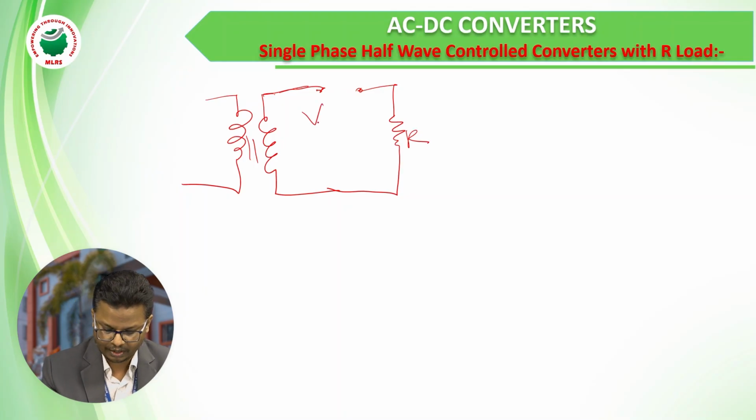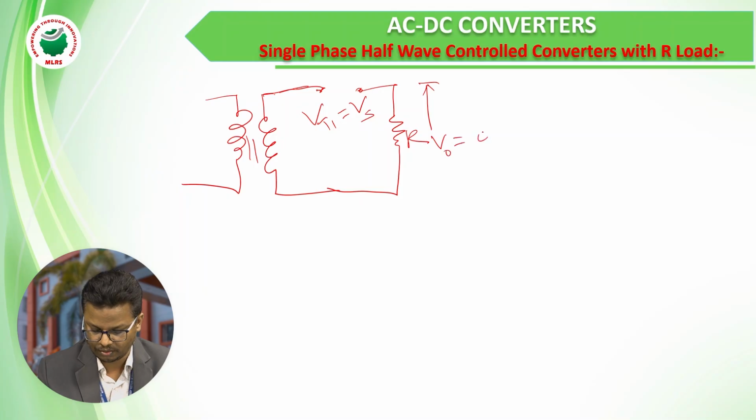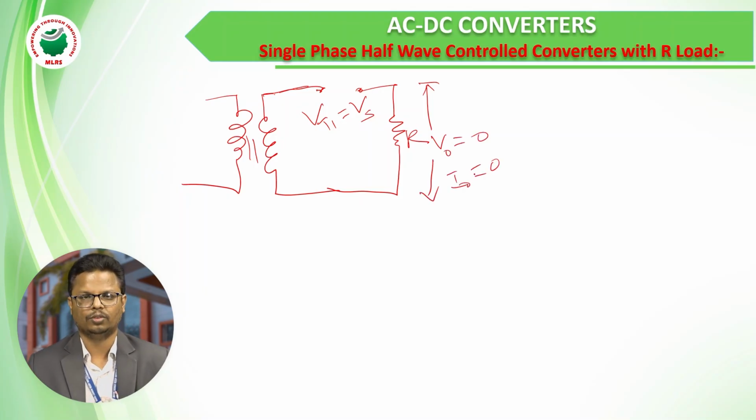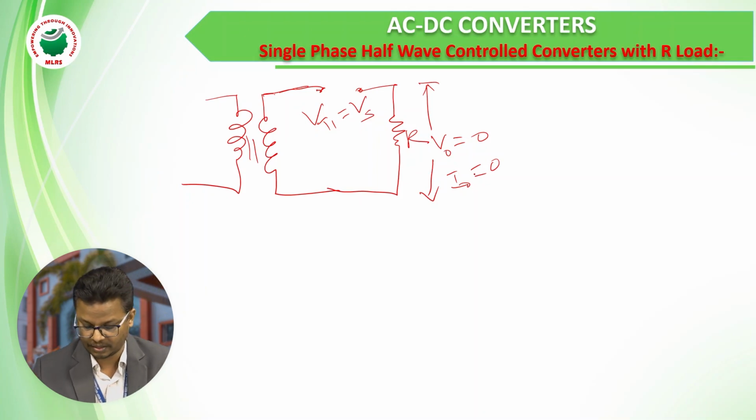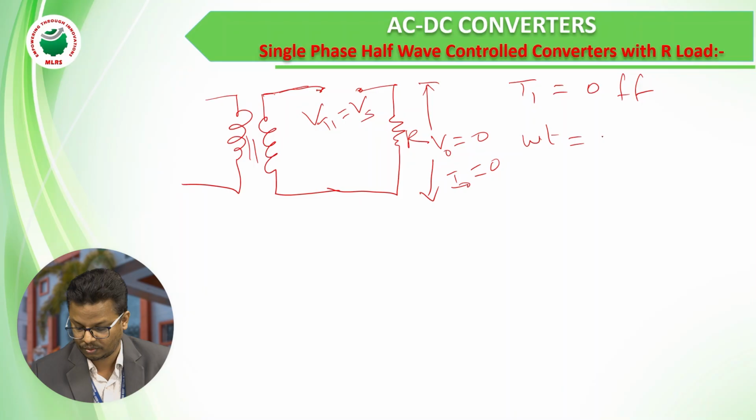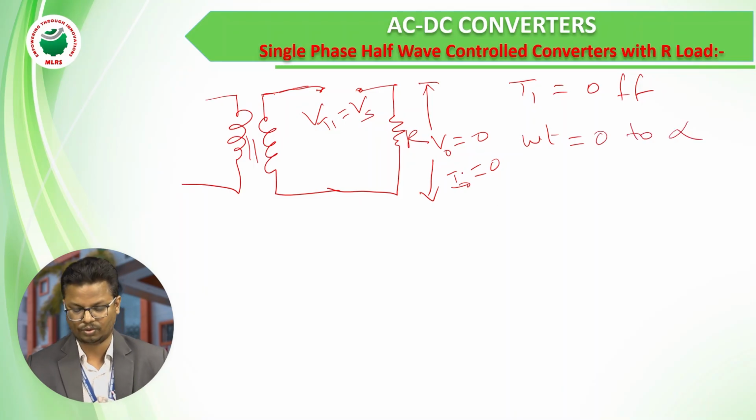So VT1 is equal to Vs. Here V0 is equal to 0 and I0 is equal to 0. This happens when T1 is off, so for omega t equal to 0 to alpha, V0 is equal to 0 and VT1 equals Vs.